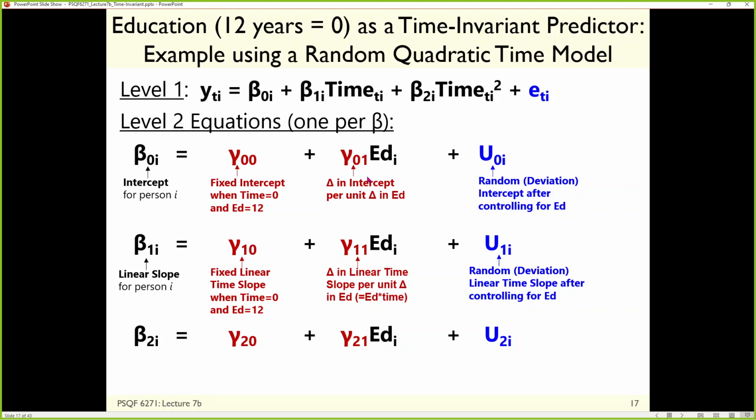Gamma 01 is the slope for the intercept, because this is the slope of education predicting the intercept. Gamma 10 is the intercept of the slope, and then 11 is the slope of the slope. That's how the output is organized, and you will see tables organized with those headers.